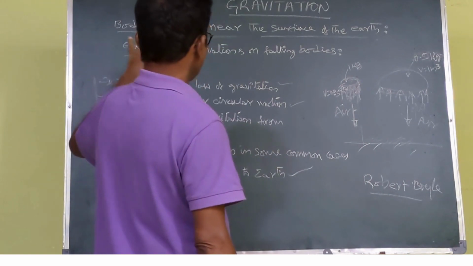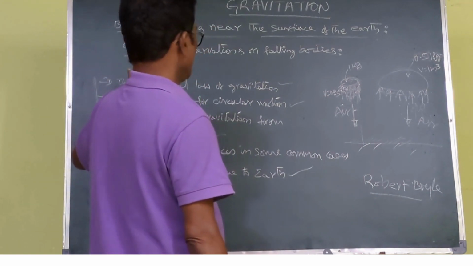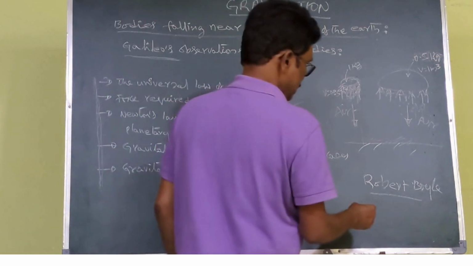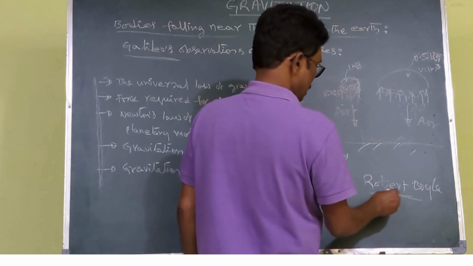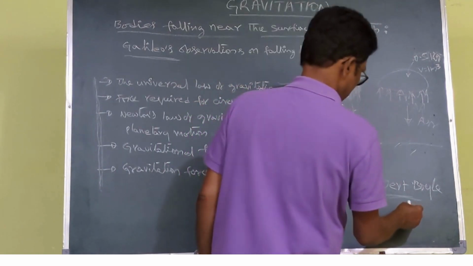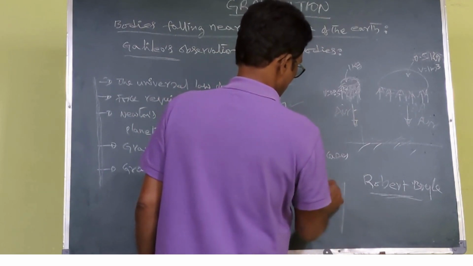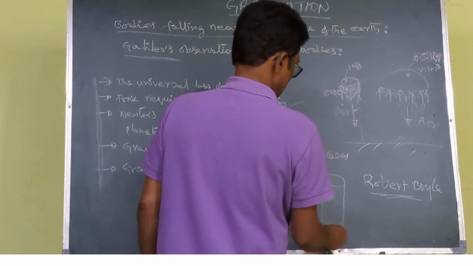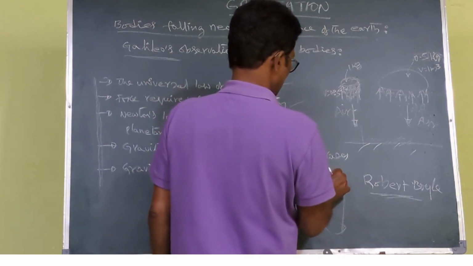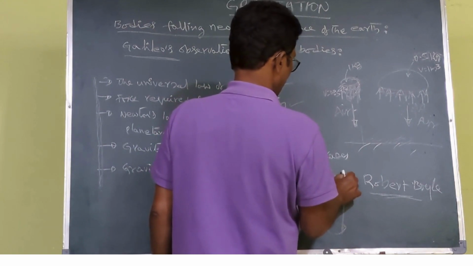After Galileo, that was proved by Robert Boyle. Robert Boyle took a tube and put in one coin and one feather.